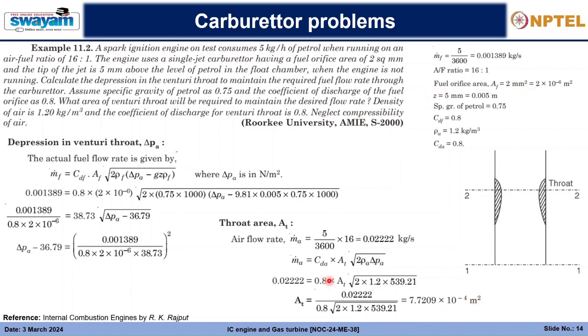To verify, you can see that the area of the fuel orifice is 2 mm square, and here this is 7.72 cm square. Obviously the area of the throat should be higher in order to accommodate the fuel orifice, so your answer seems to be correct. That way you can verify.